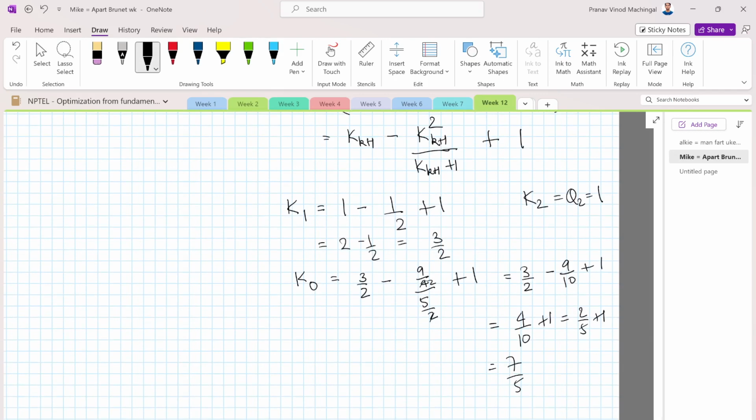Okay, is this correct? One upon 1 plus 6 by 10. Where is it 6 by 10?